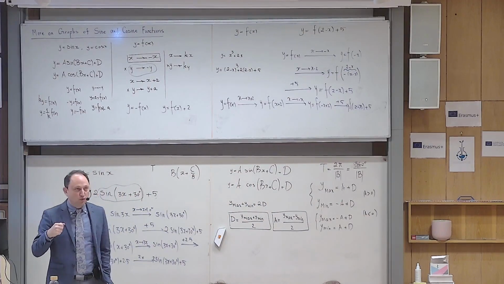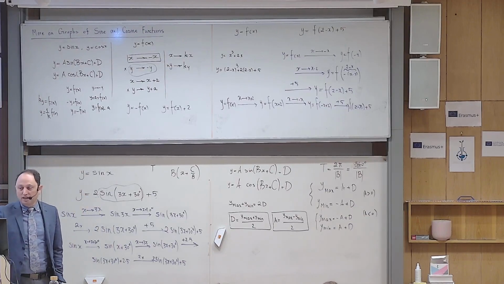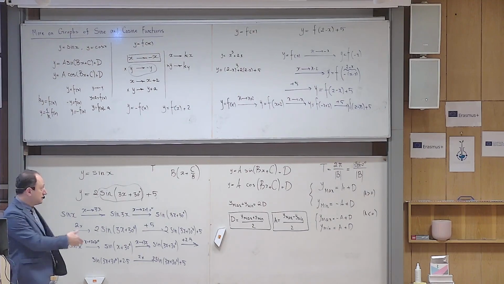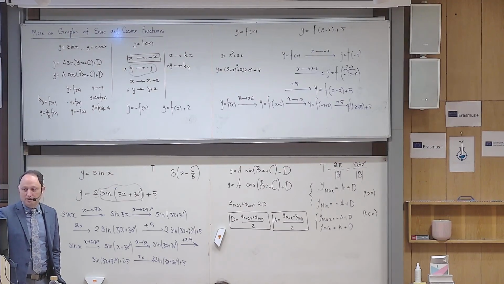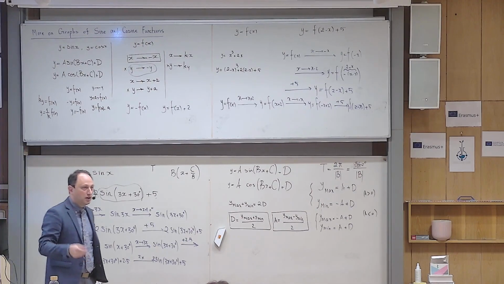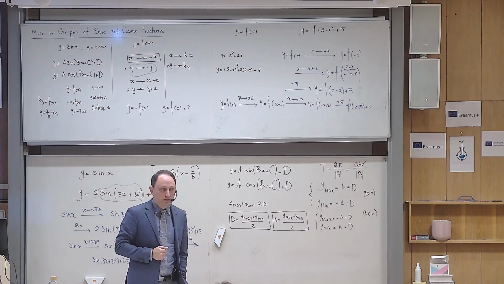But let me ask you one question. Let us say that I gave you the green curve. Could you draw the cosine curve using the lesson today and the green curve? In other words, could you anticipate that the blue curve is just a shift of 90 degrees of the green curve? How?